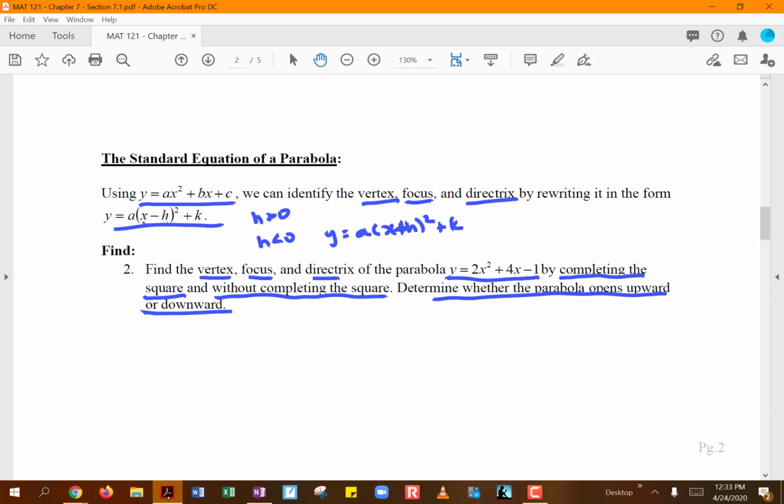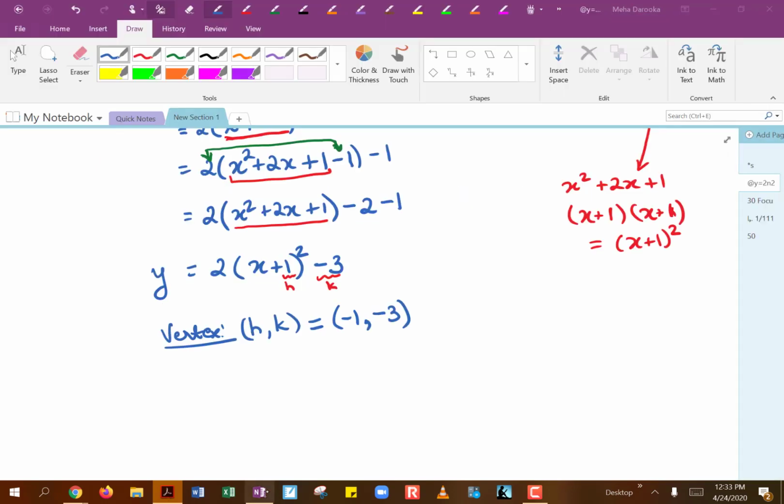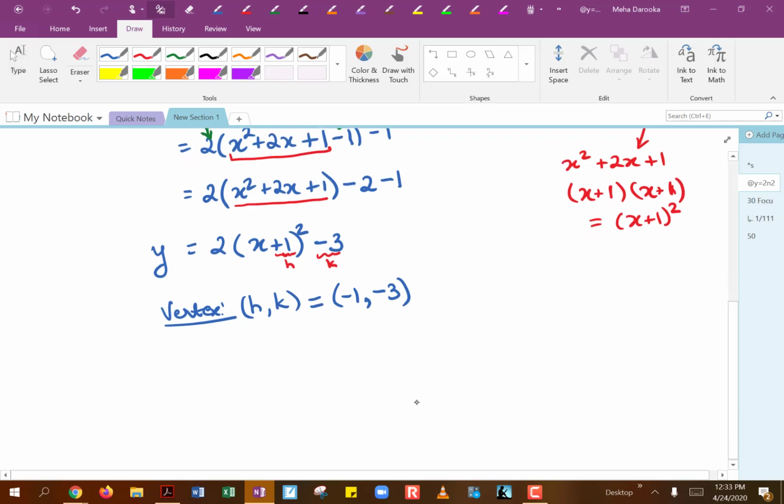So if you have a plus sign here, that means the h itself is negative. If you have a minus sign in your parentheses, that means your h is positive. So you always have to go with the opposite sign. So since this was positive 1, that tells us our h value is negative 1. For the k, you always keep the same sign, negative 3, so it will stay as negative 3.